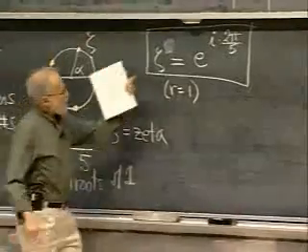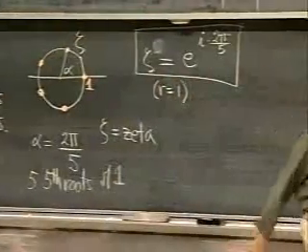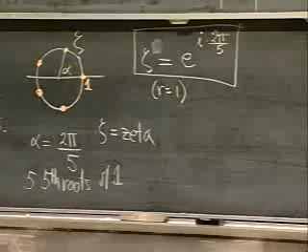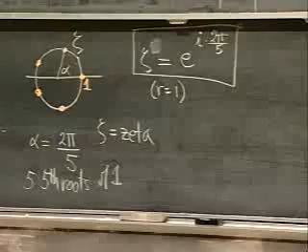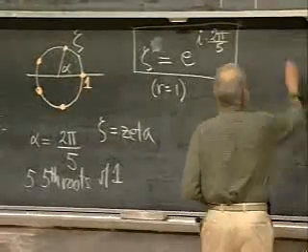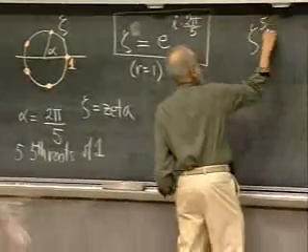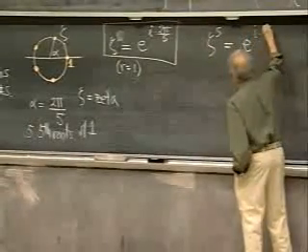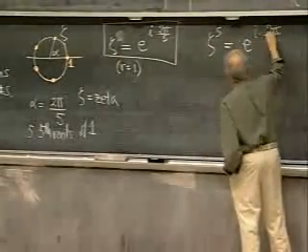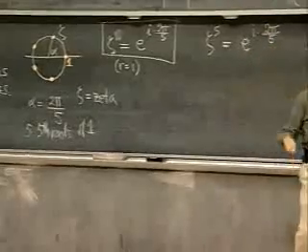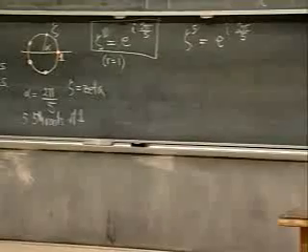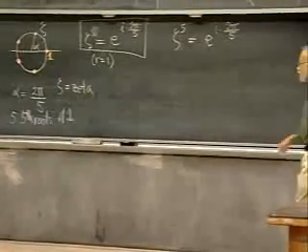Now, let's say somebody gives you that number and says, hey, is this a 5th root of 1? I forbid you to draw any pictures. What would you do? You say, well, I'll raise it to the 5th power. What's zeta to the 5th power? Well, it's e to the I 2 pi over 5. And now if I think of raising that to the 5th power, by the exponential law, that's the same thing as putting a 5 in front of the exponent.